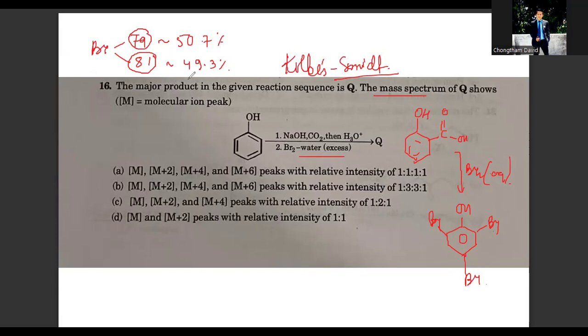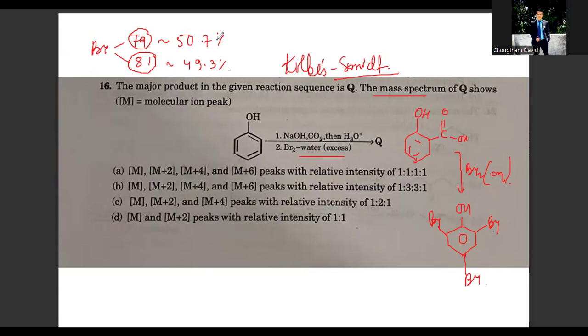And now subsequently we have to determine the mass peaks. So we have to calculate the molecular ion peaks, that is M, M plus 2, M plus 4, M plus 6, based on the different combinations of bromine 79 and bromine 81. So for M, all three bromine atoms are bromine 79.